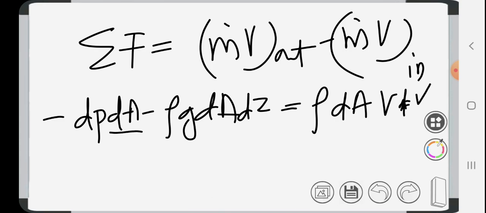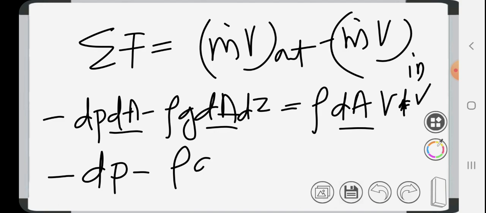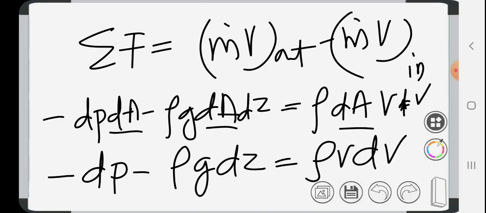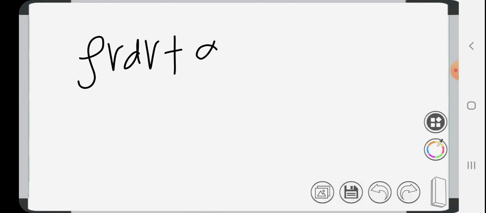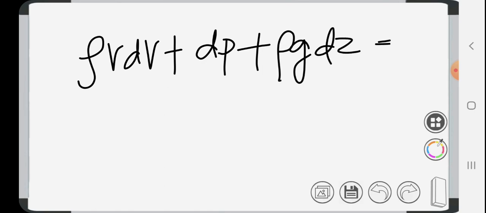Now you can divide by dA, whole divided by dA. The equation becomes dp minus rho g dz equal to rho v dv. Now rearranging the equation, rho v dv plus dp plus rho g dz equal to 0.